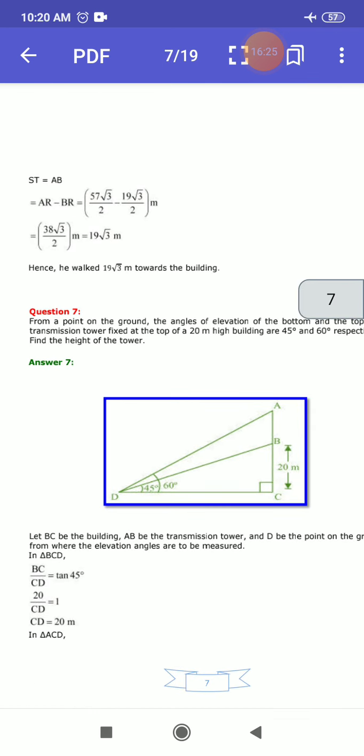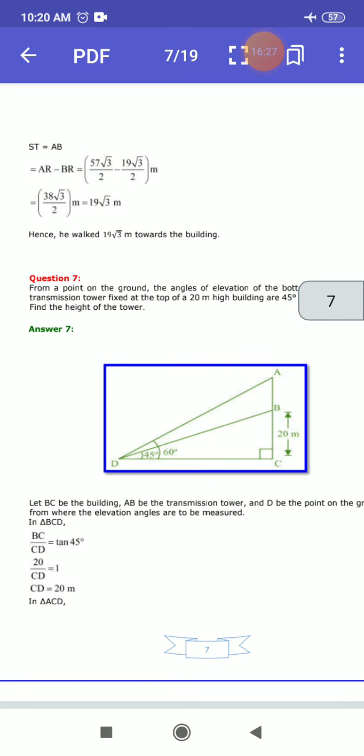So here this is AB, so AB is equal to AR minus BR, and you have to put the value of AR, so 57 root 3 upon 2 minus BR, 19 under root 3 upon 2, and this value is 38 under root 3 upon 2, and you have to divide the 38 by 2, that value is 19 under root 3. So this is your value here.